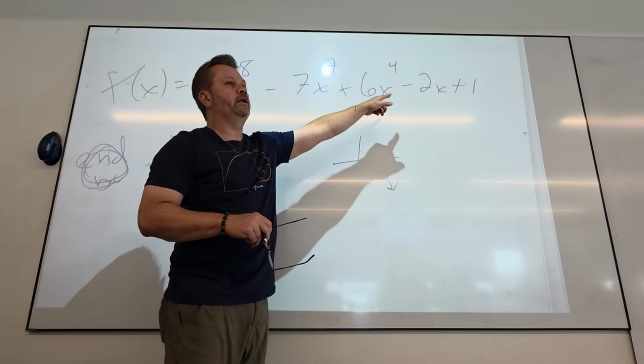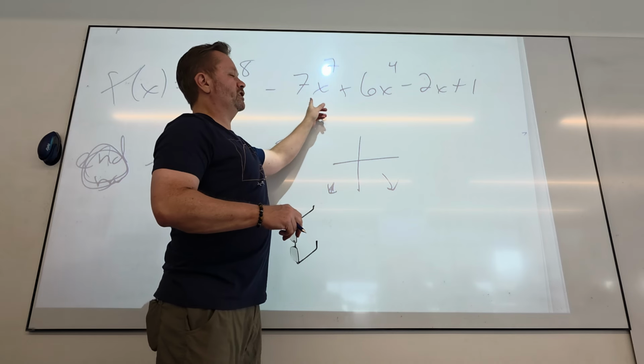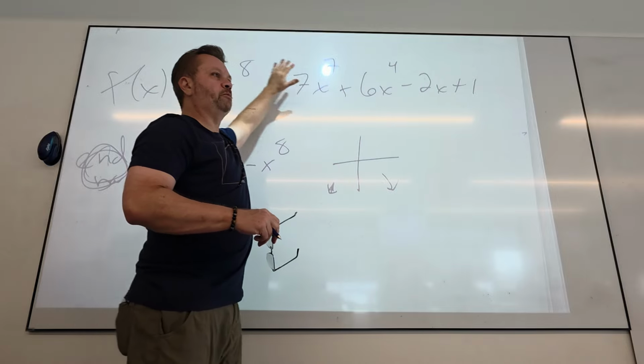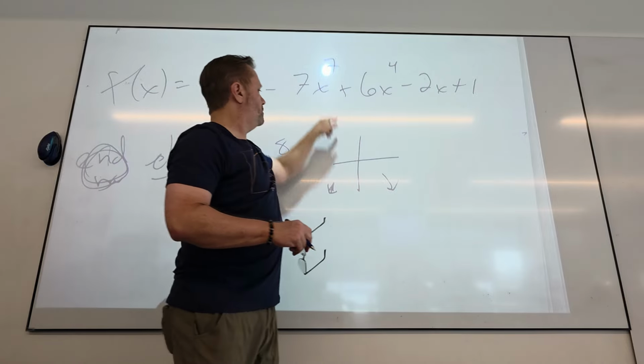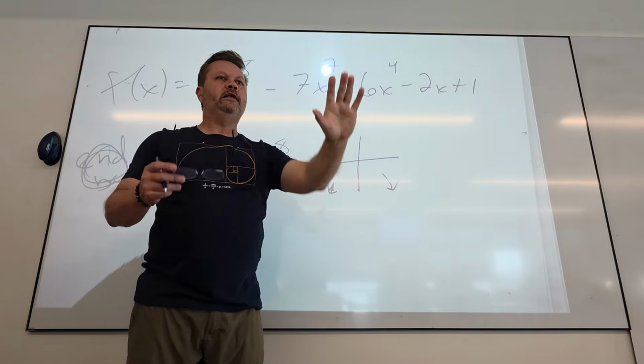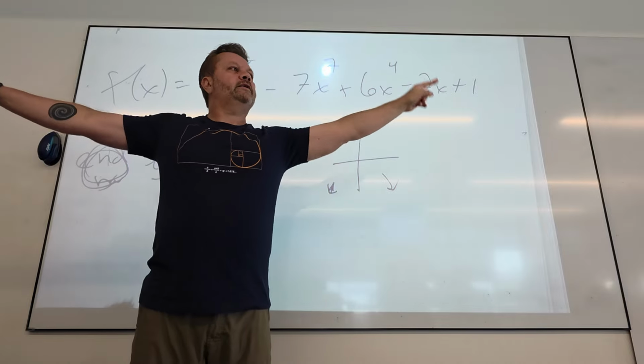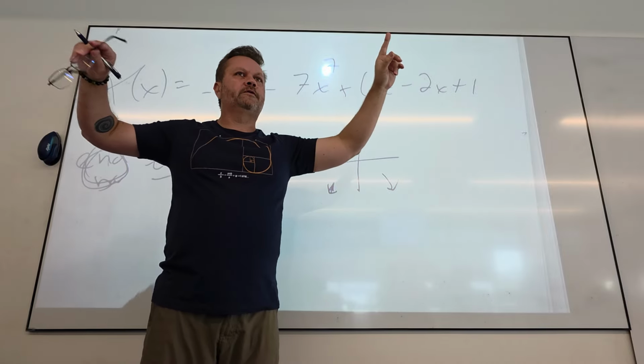Because what is this thing going to do in the middle? Wobble. Because when x is small, these other terms become more important than this one, so it turns around. So the middle is controlled by all of these, and it could wobble a bit. You guys with me? End behavior just means when x gets really big, what do the outputs do?